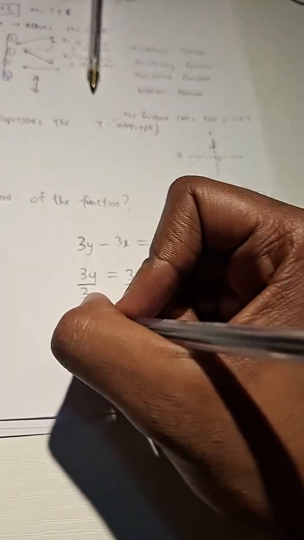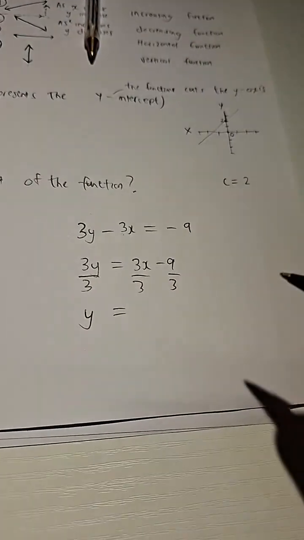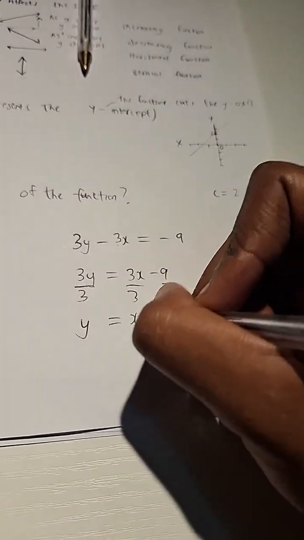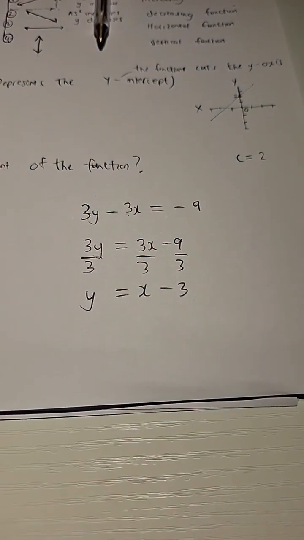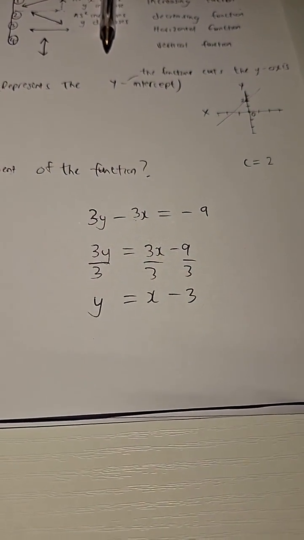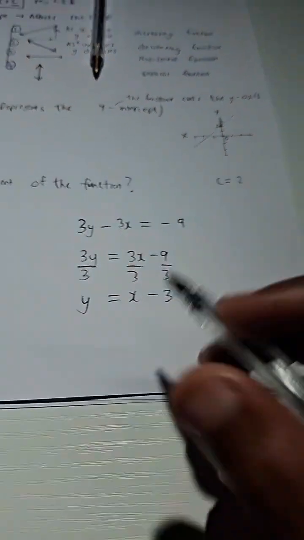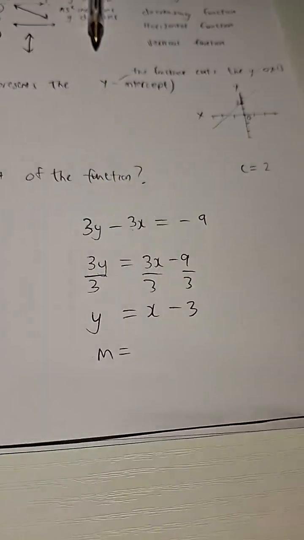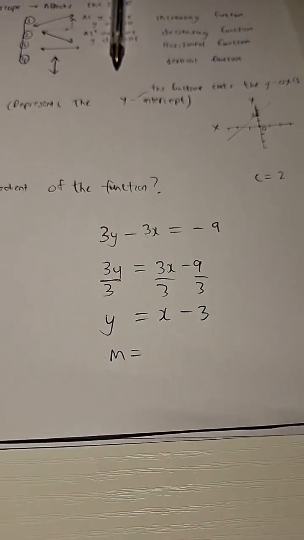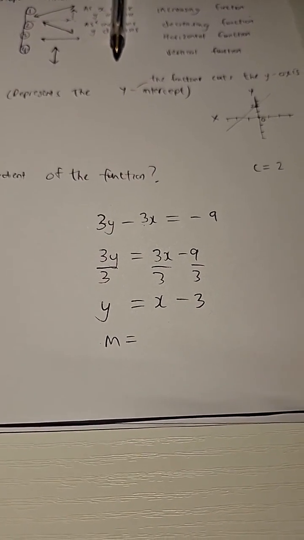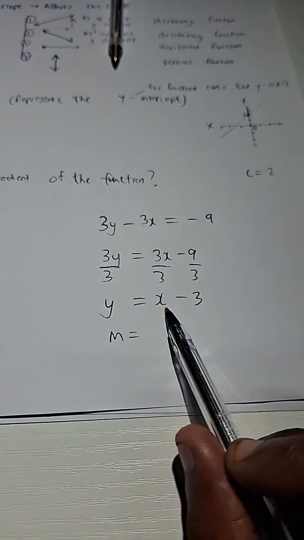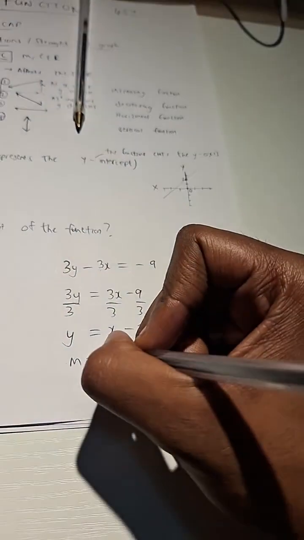And then that gives us what? y is equal to x minus 3. Are you with me? So therefore, the gradient, m, of the straight line function is equal to 1.